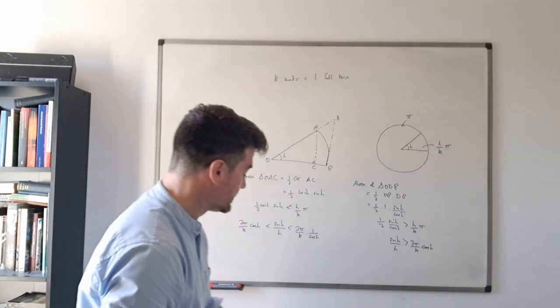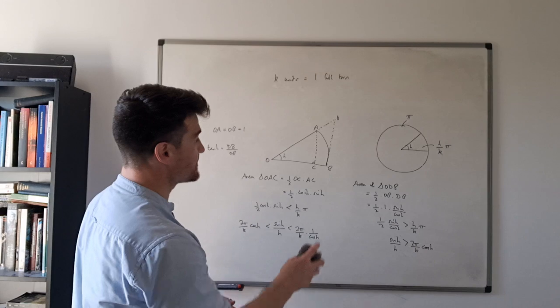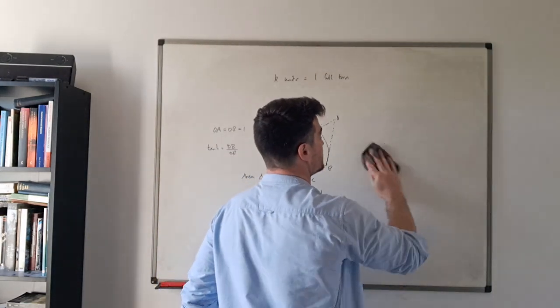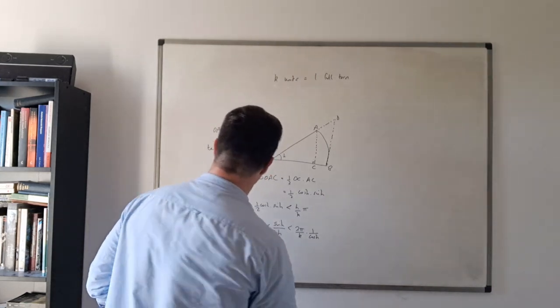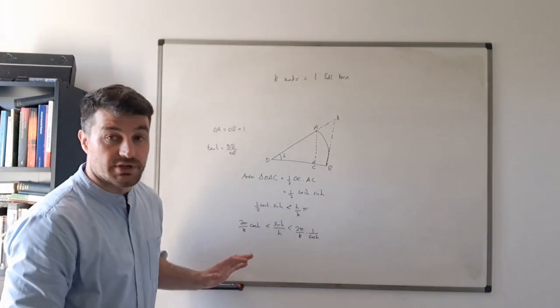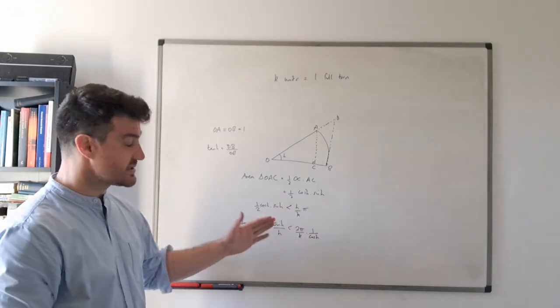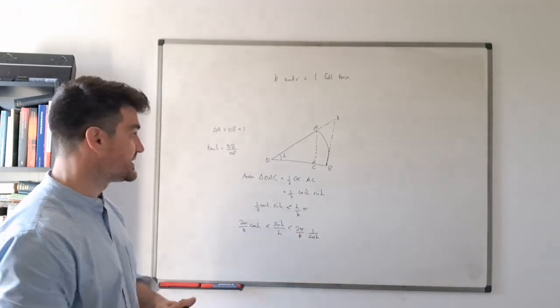Okay, so just to give myself a bit more space, I'm going to clear this off. And what we're going to do now is we're going to take limits of each of these as h approaches 0.